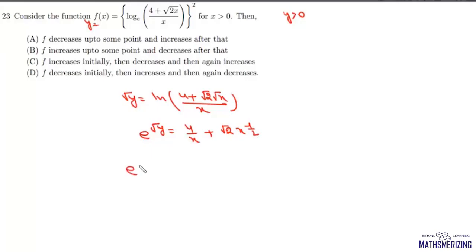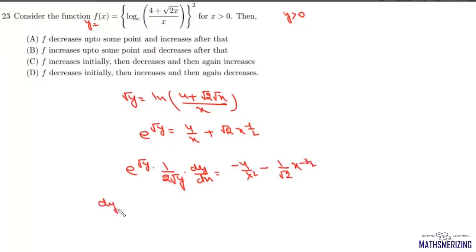plus root 2 x to the power minus 1 by 2. Now we'll differentiate. We'll get e to the power under root of y, 1 upon 2 root y into dy by dx will be minus 4 upon x square, and then minus 1 upon root 2 x to the power minus 3 by 2.